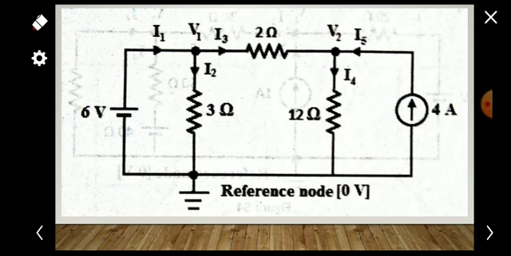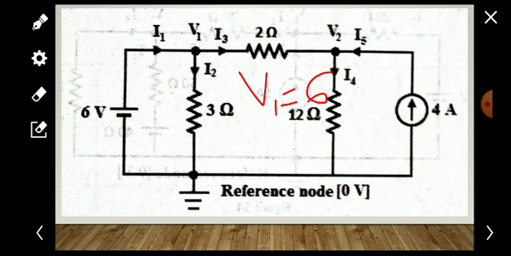We need not find the node voltage V1 by writing the KCL here. So this problem is a special case. We need not find V1 because it is given in the question itself. V1 is equal to 6 volt.